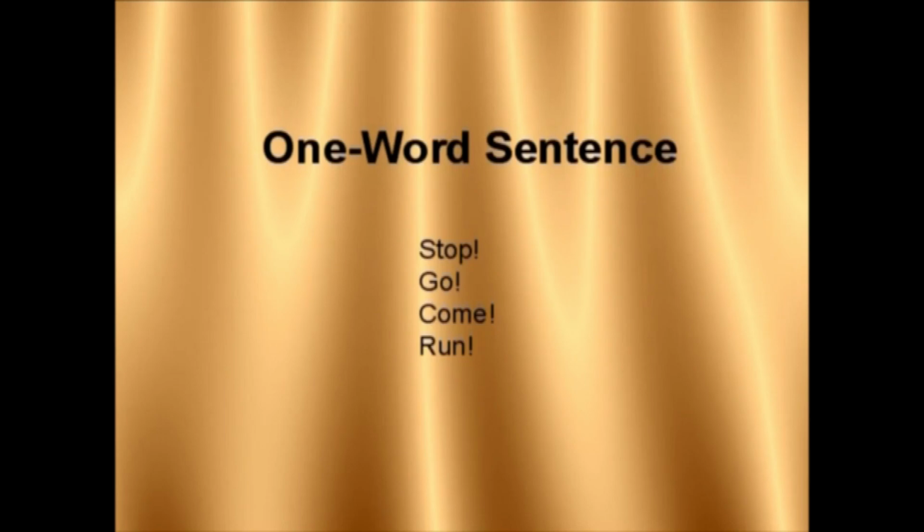It expresses a complete thought. Why? It's simply because the subject is understood you. It's actually you stop. The same is true with go, come, or run. The subject is understood you.